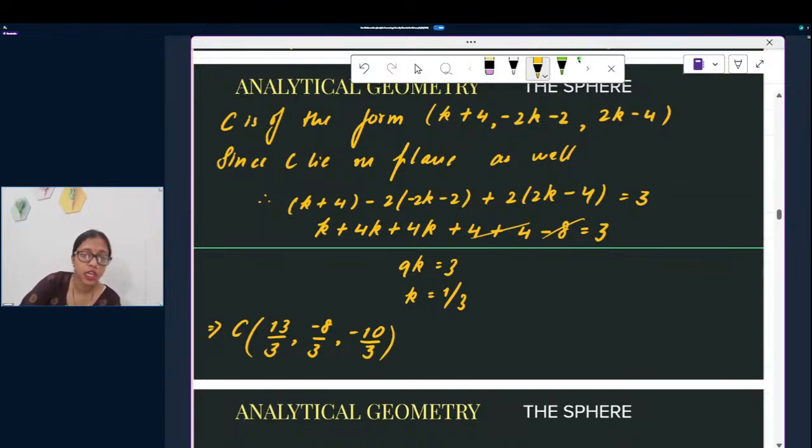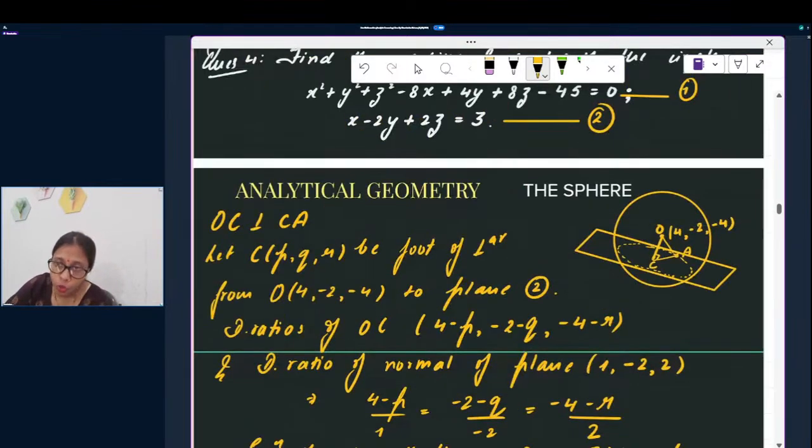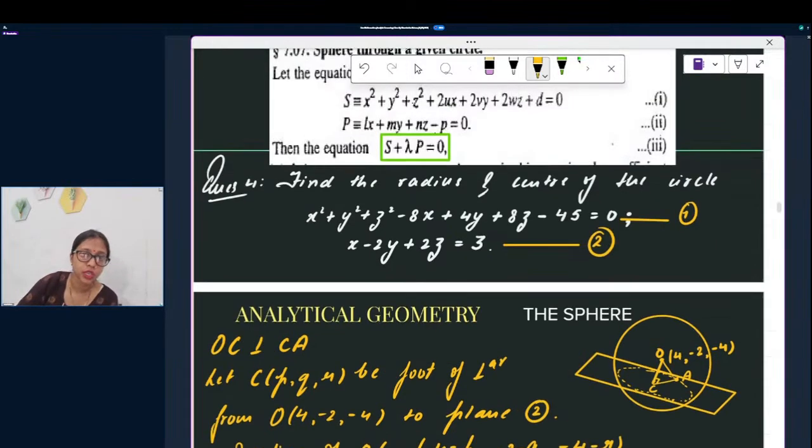You have C, that means you can find OC also, the distance. Now, why are we finding OC? It is to get to the next step, which is the radius. See, the radius is CA. CA is the radius of that circle, right? So if I know OC and if I know OA, then I can find CA. So let's first talk about OC. I have point O, I have point C, I can find OC.